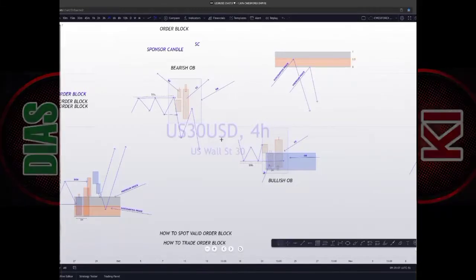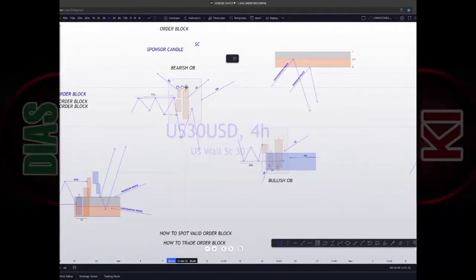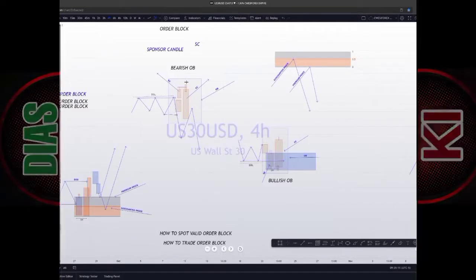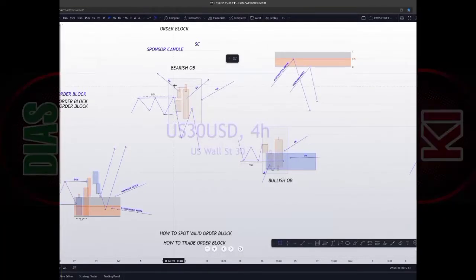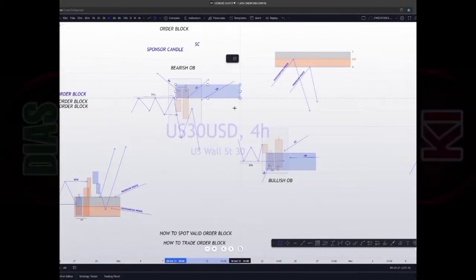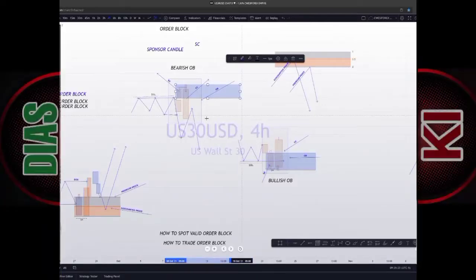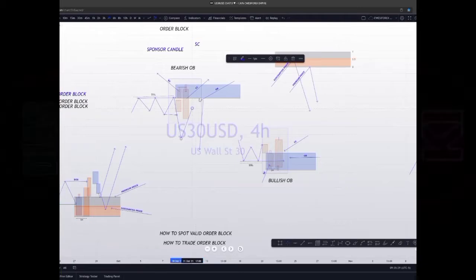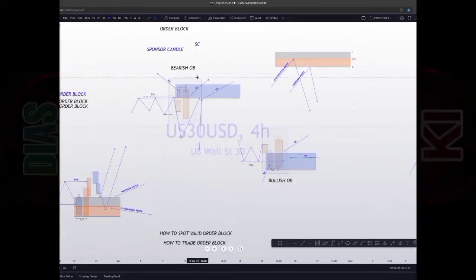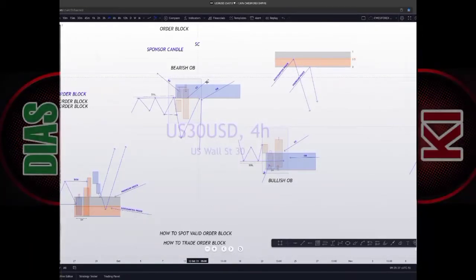So the same thing applies over here. You can see we had liquidity taken out from the wick of this sponsor candle, then price moved to the downside. So you can place your game box from the wick of the bearish candle to the body of the bullish candle, and we expect price to retrace to either mitigate the 50% or the 0% of this order block and change to the opposite direction.